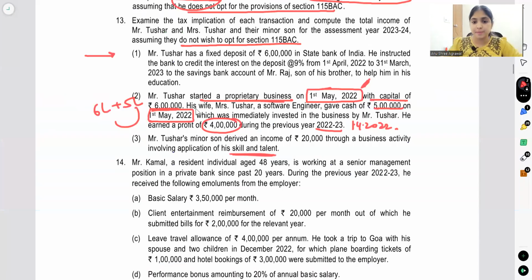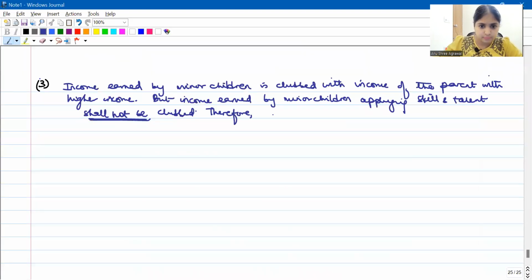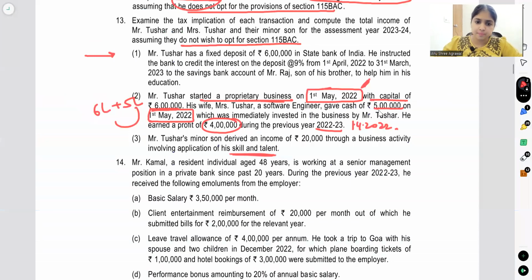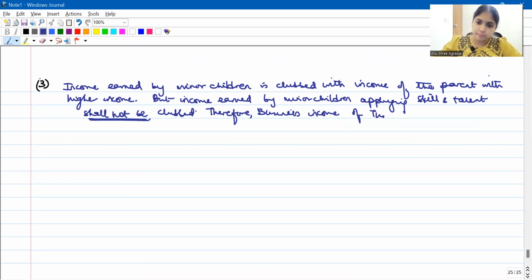Shall not be clubbed. Write down, therefore, business income of Tushar's minor son shall not be clubbed.